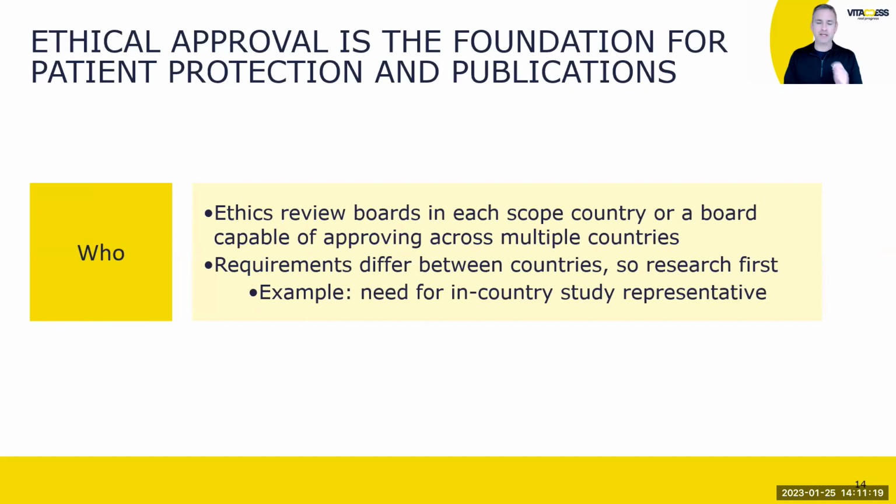There is some variation, and I'll take you through a case study in the requirements in different countries. You know, local review bodies versus an IRB that may be able to give approval across different countries where additional local requirements aren't in place.